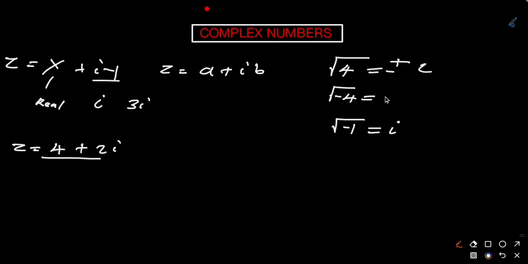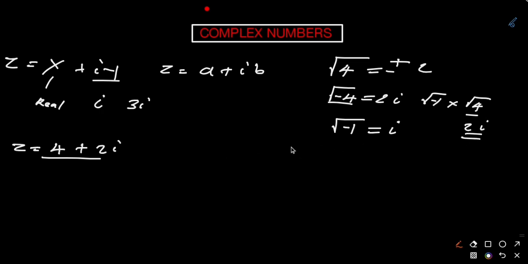So it's going to be 2, and since we have a negative, we put i. In short, you can split the root of -4 as the root of -1 multiplied by the root of 4. The root of 4 is 2 and the root of -1 is i. If you multiply, you get 2i. So that is the idea here.